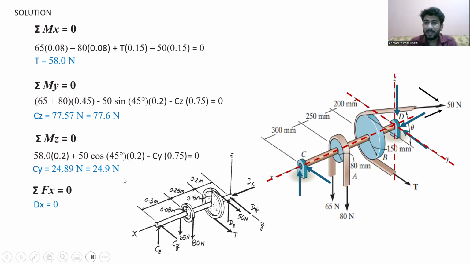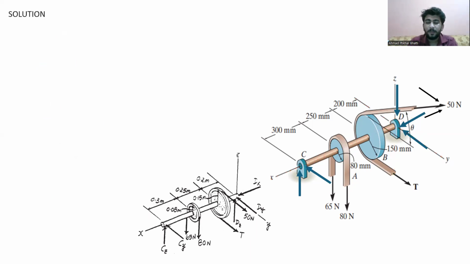And in case of the horizontal forces, which is the force in the X direction, we obtain the reaction force at the bearing in the X direction, which is 0, because you see we have no other force that is acting in the X axis.